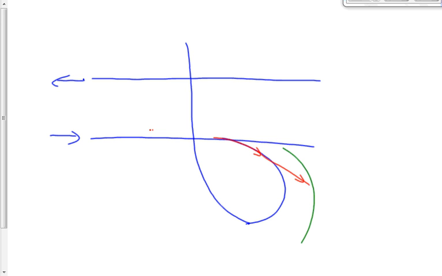What happened? All of a sudden, the forces were balanced. I had an unbalanced force. Friction provided me with an unbalanced force as I was going around this turn. But all of a sudden, as I hit a patch of ice, the forces balanced. There was no friction anymore.